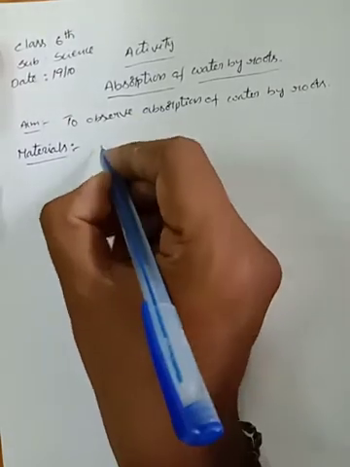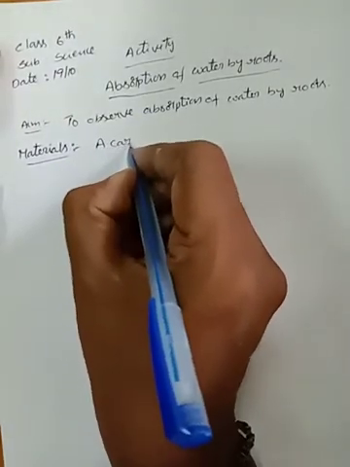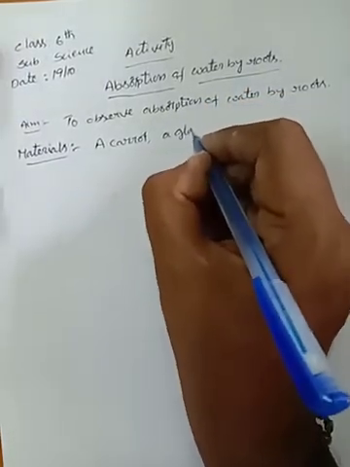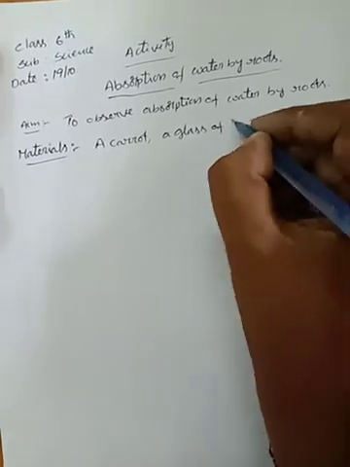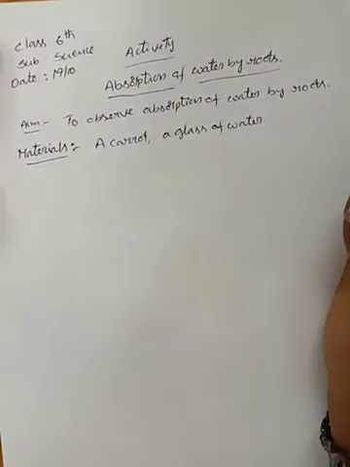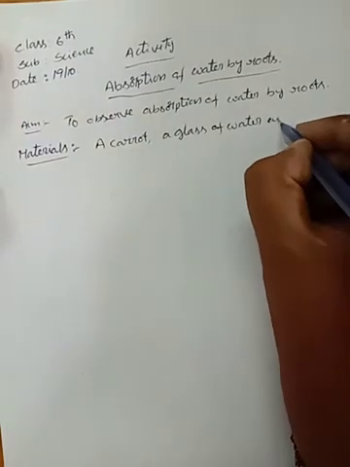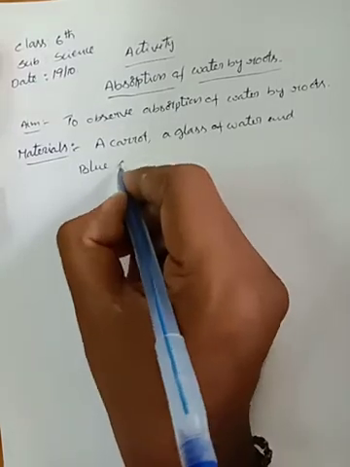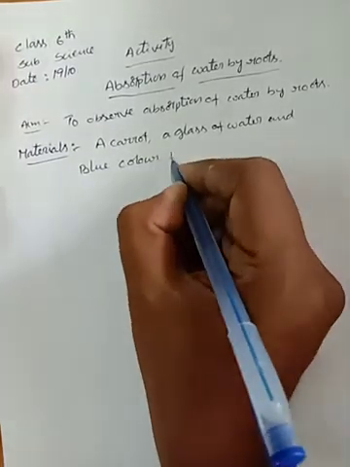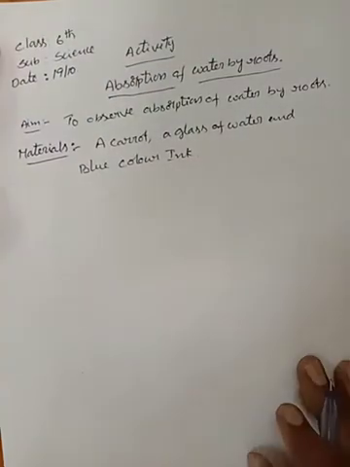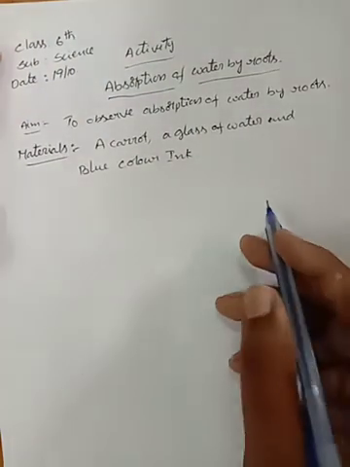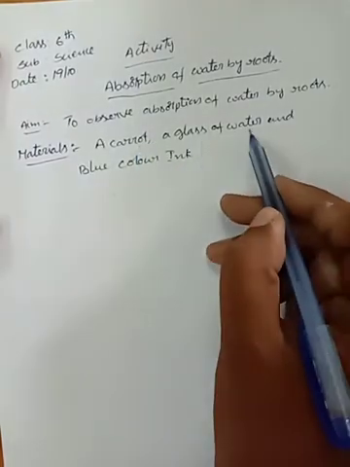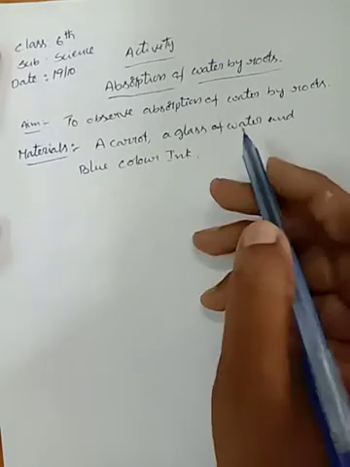Okay, the materials are a carrot, a glass of water, and blue color ink. These are the materials required to do this activity. What are the materials? A carrot, a glass of water, and blue color ink.